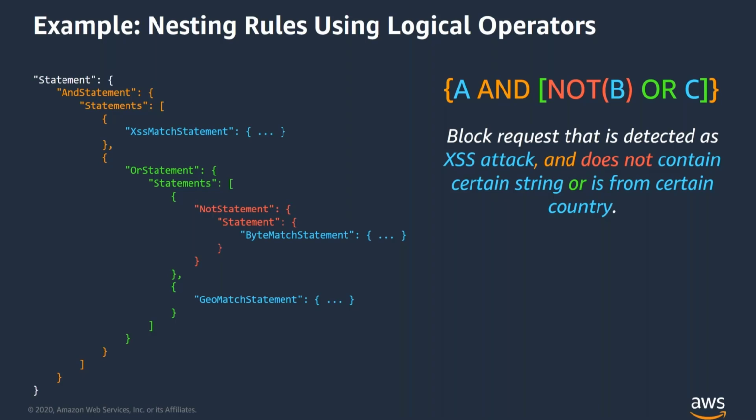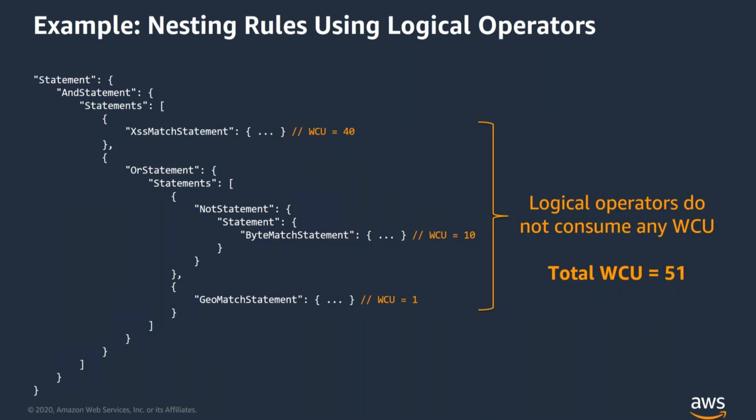And as you can see, you can mix and match different statements and different logical operators to create complex rules within AWS WAF. To calculate the WCU, you simply need to tally all the rule statements that you have used.